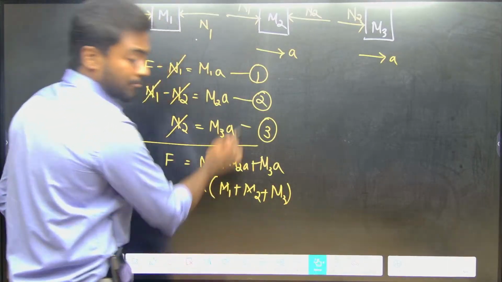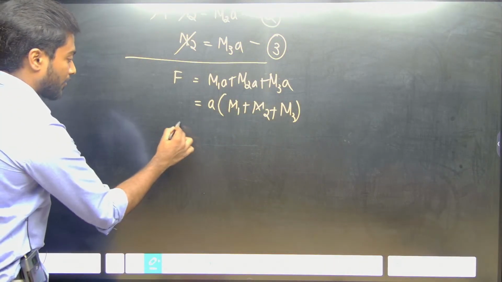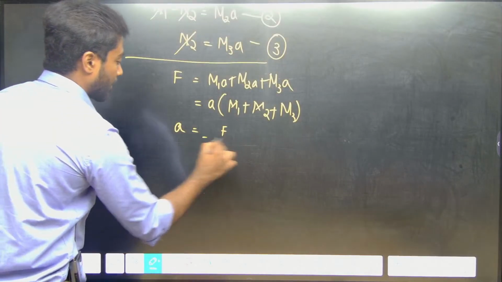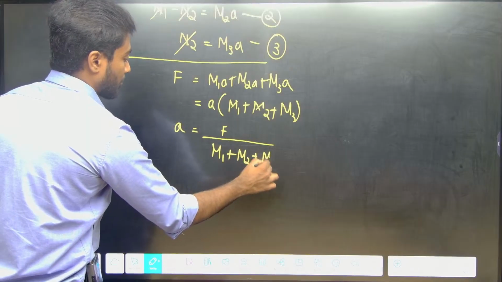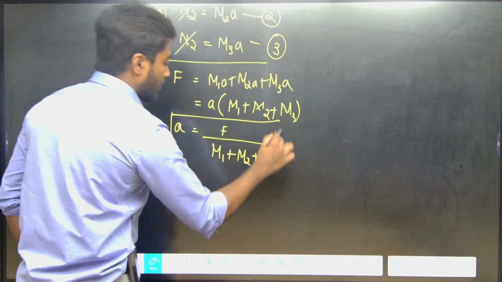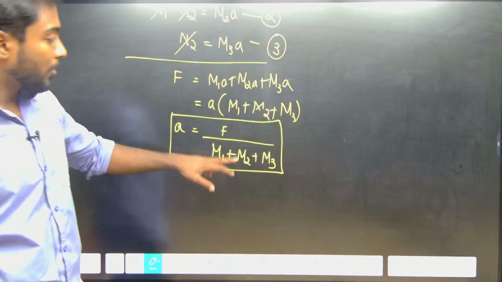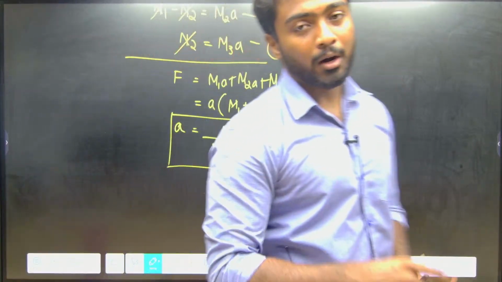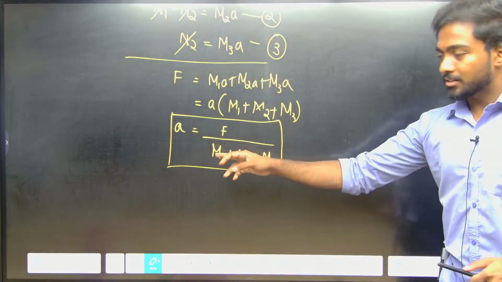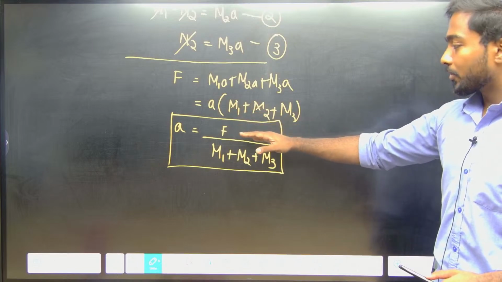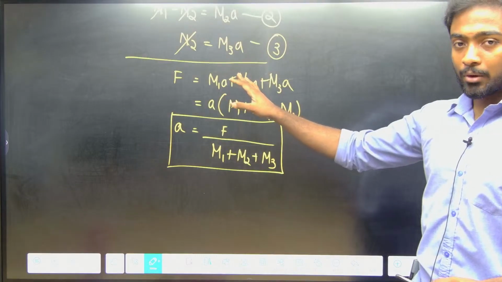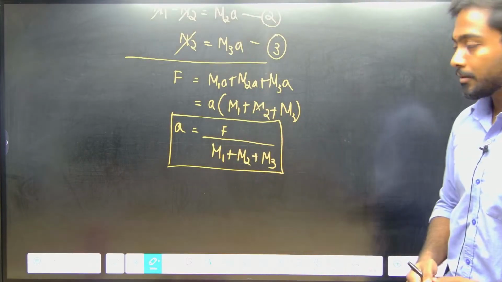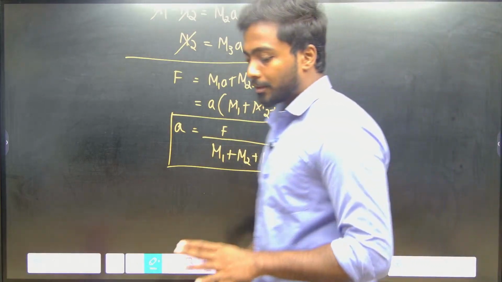Which is nothing but A equals F divided by M1 plus M2 plus M3. So from this question or the previous question, what we can understand is that acceleration is nothing but the force divided by the sum of masses in the system. Okay, the sum of mass we should write. This is about that.